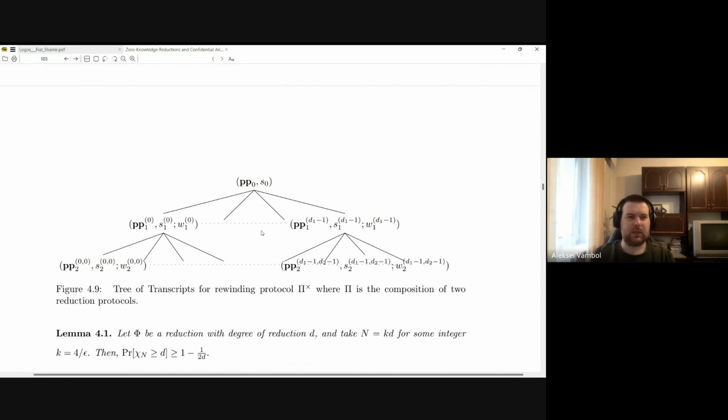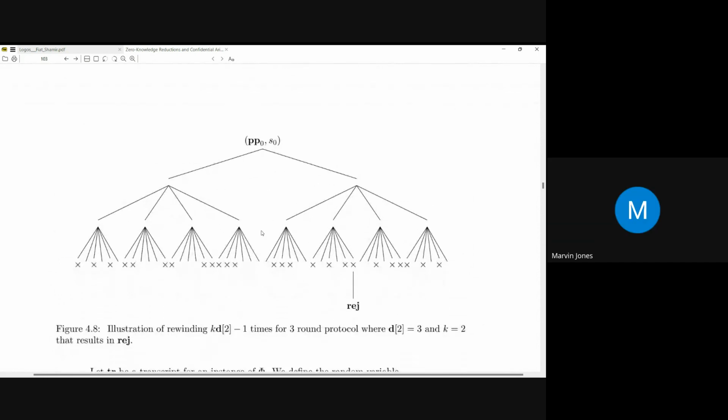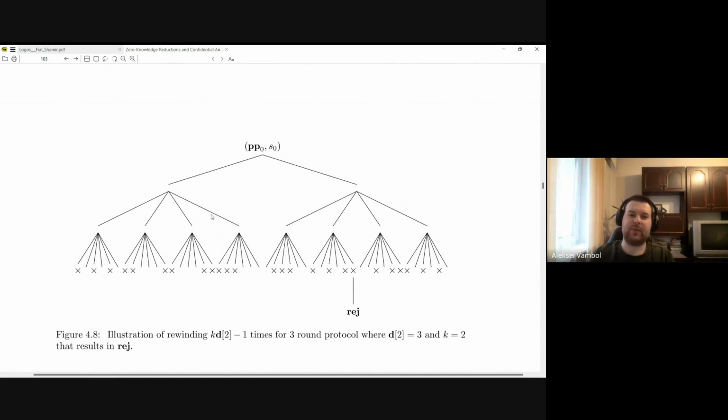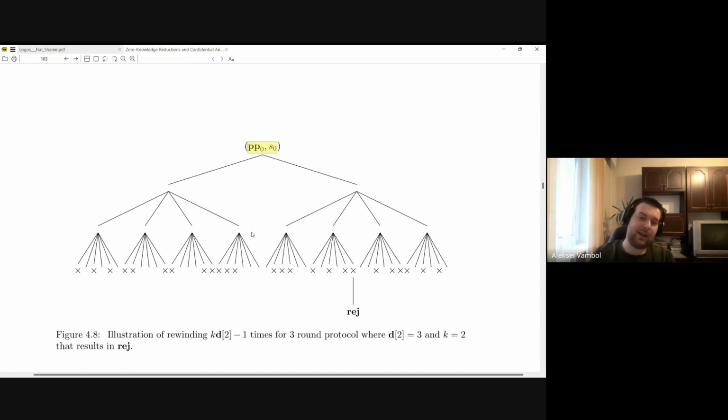Here you go, this is probably better, because you have your original statement, and these are just where the prover would output another value. So for Fiat-Shamir, this would be where alpha is, and then you would get another challenge that would give you each branch.